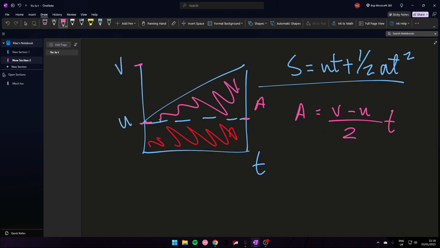This is because we are dividing by 2 since it's a triangle, and to find the length, it's v take away the initial velocity, and then multiplying by t.